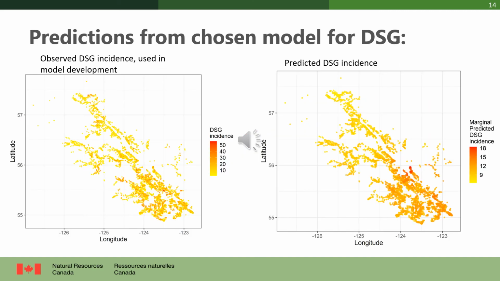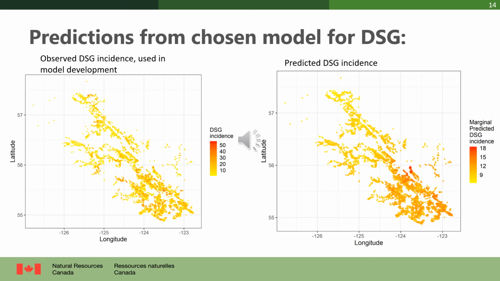The two maps presented here show the observed and predicted rust incidence levels at age 15 for the openings in the Mackenzie TSA. The figure on the left shows the observed incidence levels from openings where rusts were surveyed. Recall that this is the data that we used to build the hurdle models.